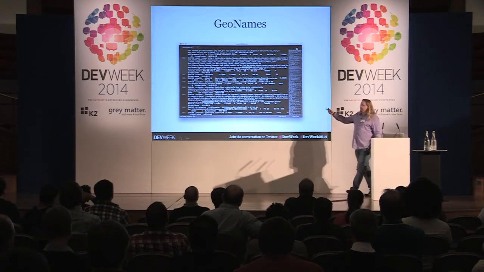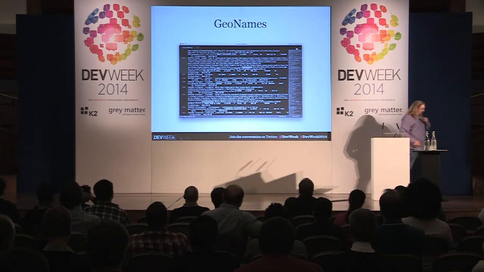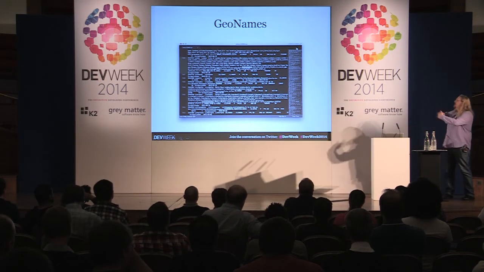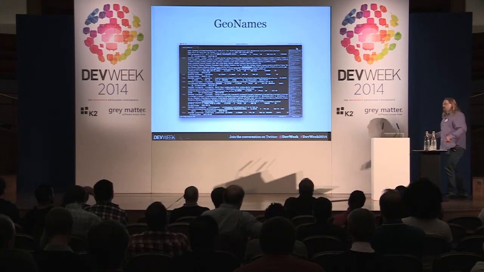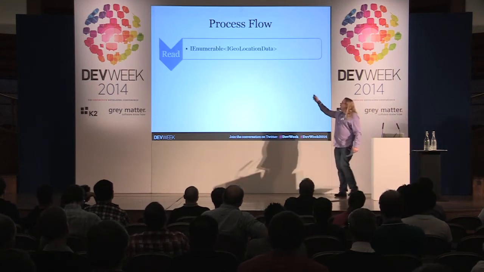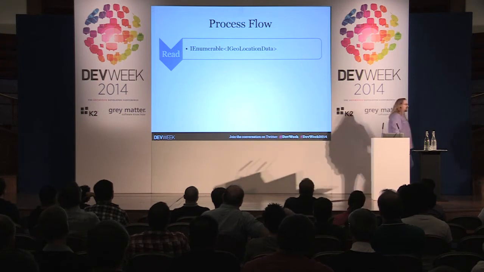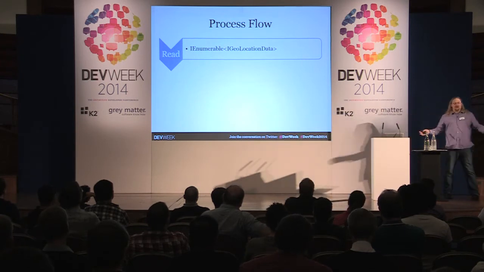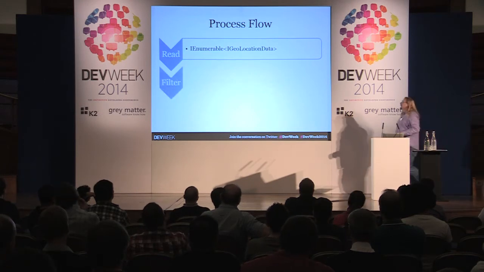The data source itself is simply a tab-separated text file. We're not going to deal with it as a text file. We're going to read the data, transform it into an object, and then filter against those objects. So the process flows: we read the data in and expose it as an enumerable of IGeolocationData, which is my representation of each line of data within the data file.